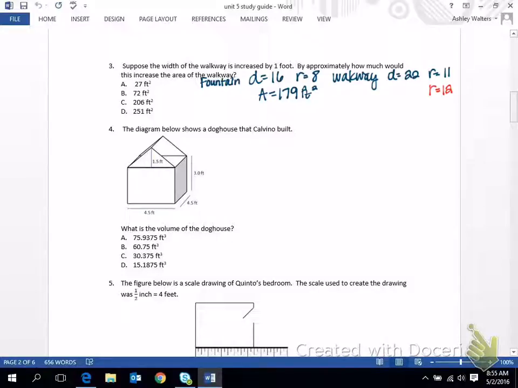So we want to compare the areas. The fountain stayed the same. The walkway increased. So the fountain area is pi r squared, or 3.14 times 8 squared, which gave us 200.96.